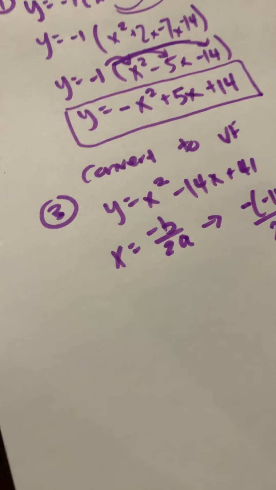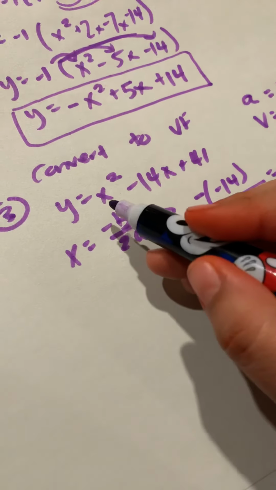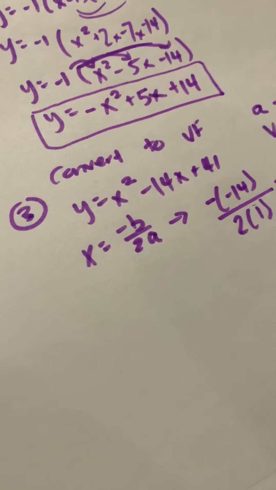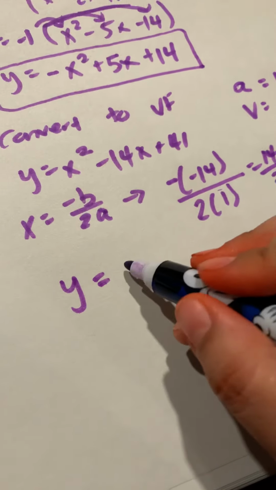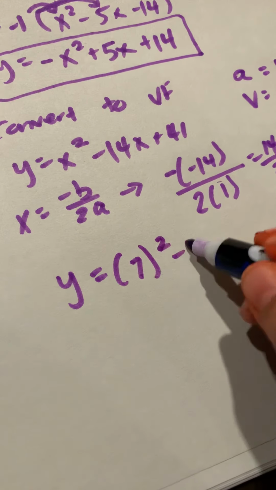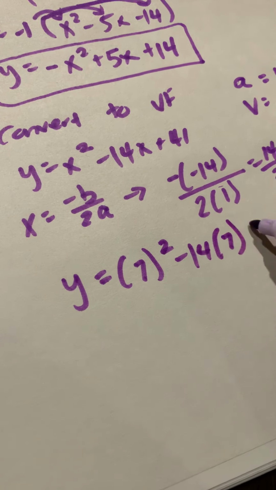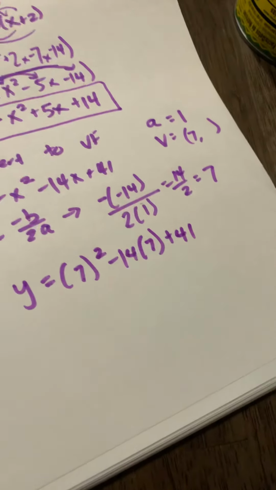So if I know the x is 7, let me plug 7 in for x here and here. So y equals, I'm going to have 7 squared minus 14 times 7 plus 41.